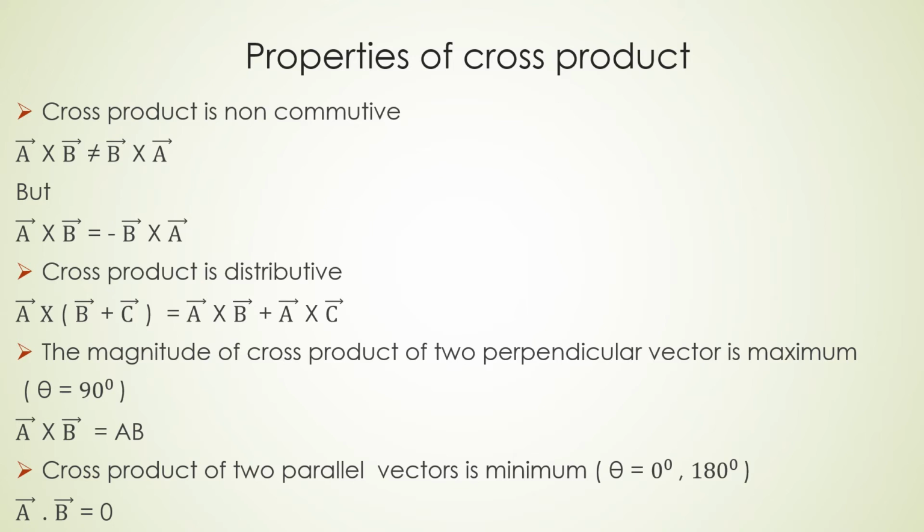Next, cross product of two parallel vectors is minimum, where theta will be 0 degree or 180 degree, because they are parallel vectors. So A cross B is equal to 0, which will be minimum. That is sine 0 degree or 180 degree is equal to 0.